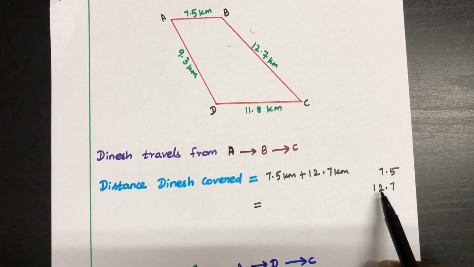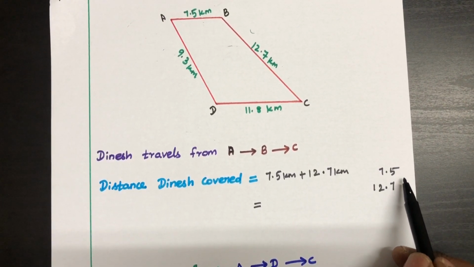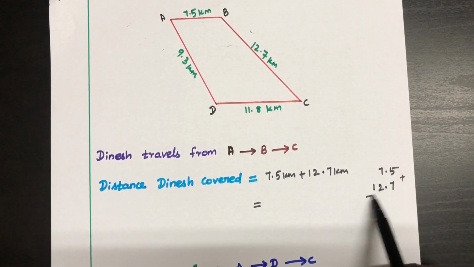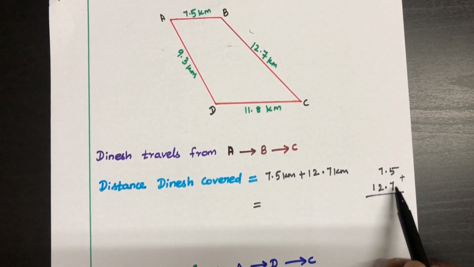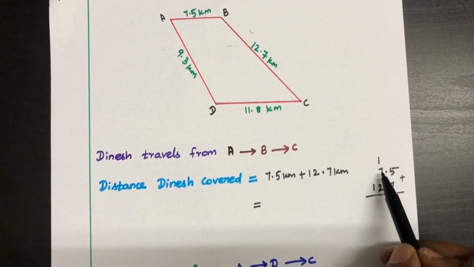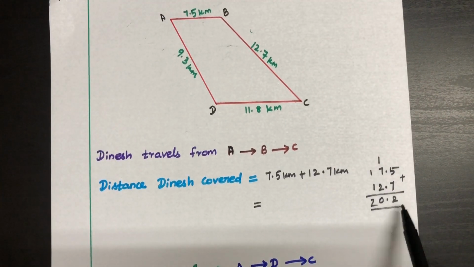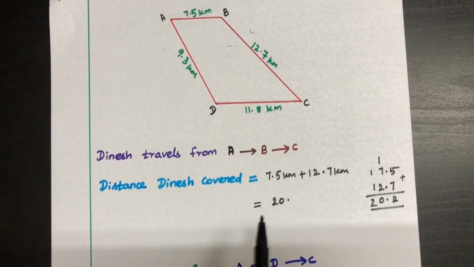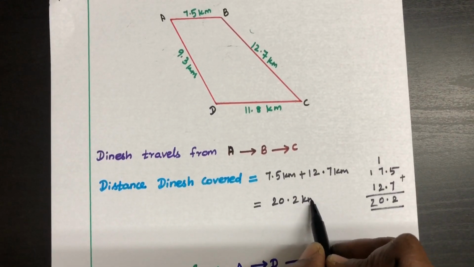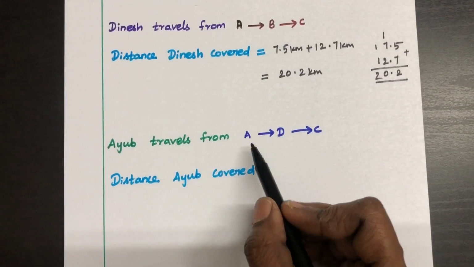See, whole numbers should be added with the whole number and decimal numbers should be added with the decimal numbers. Now, 7 plus 5 gives us 12. So this one will come here, 8, 9, 10. This one will come here, 2. 20.2 kilometer.